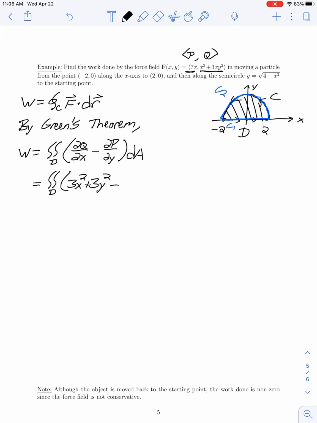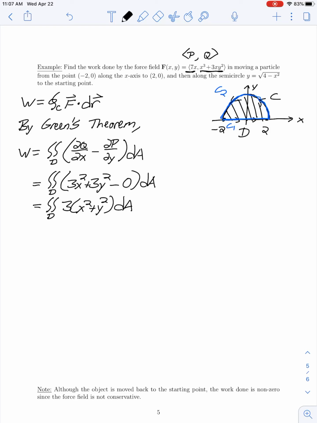Now P was 7x, so its derivative with respect to y is 0. So what we're left with is the double integral over D of 3 times x squared plus y squared with respect to area.